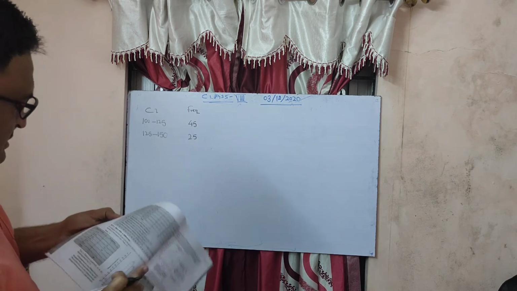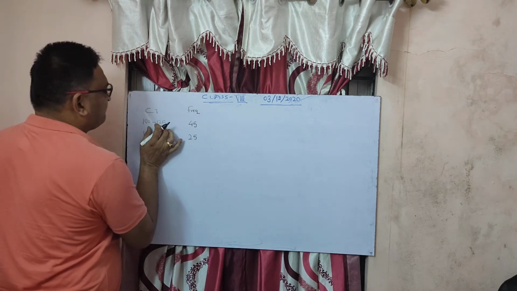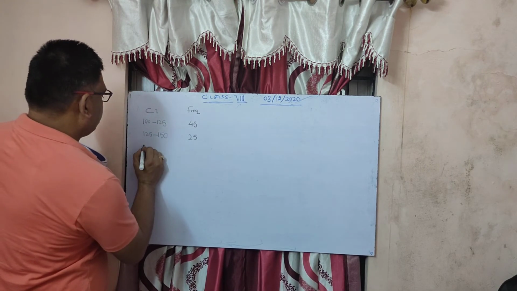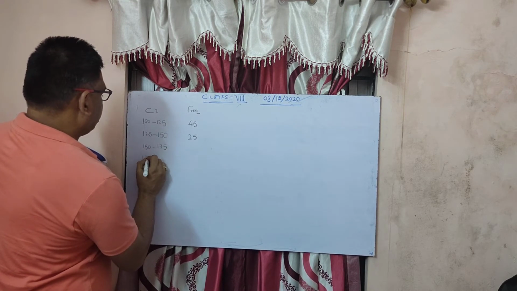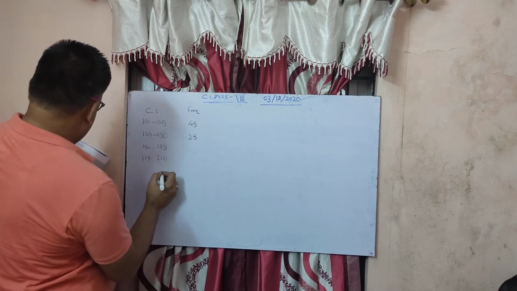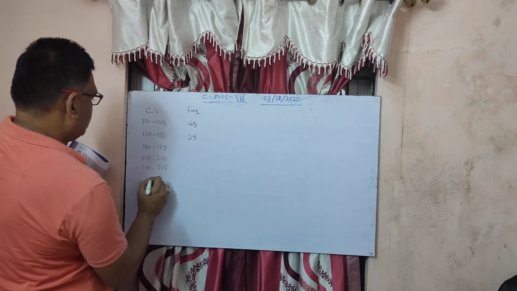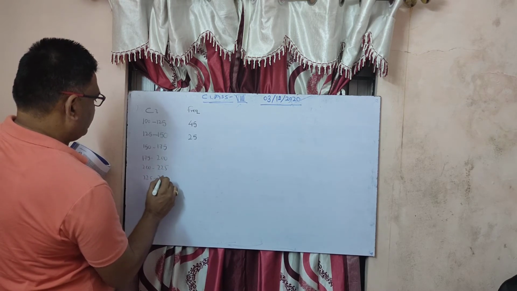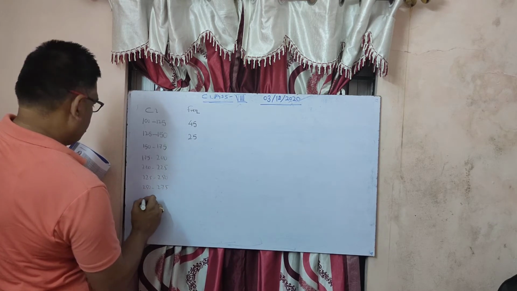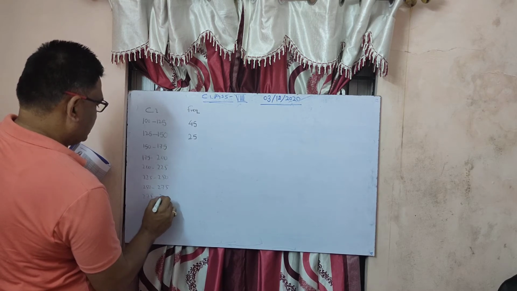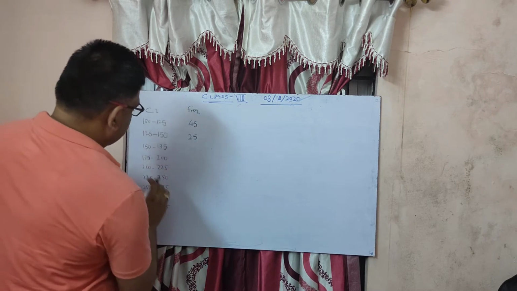Now the next class interval will be: you can see 100 to 125 means 25 is the gap. 125 to 150. Now here it will be 150 to 175. Very correct. Here 175 to 200. Very correct. Now 200 to 225, 225 to 250, 250 to 275, 275 to 300 and 300 to 325. Now you can see 25 is the gap.